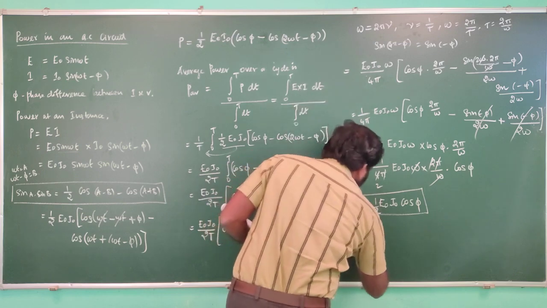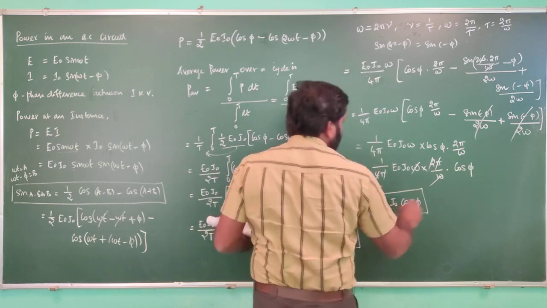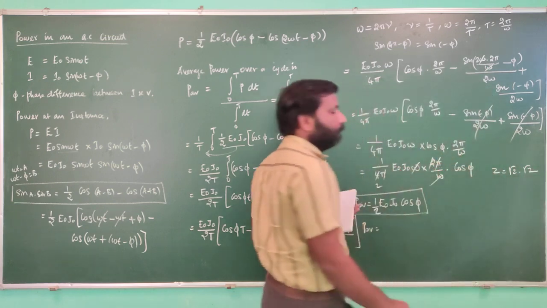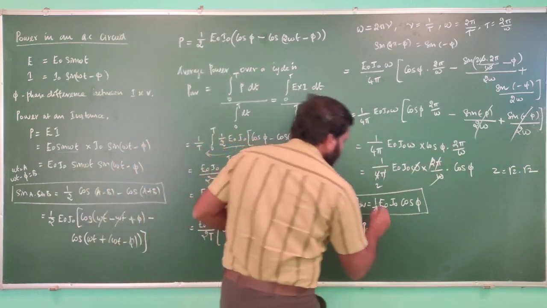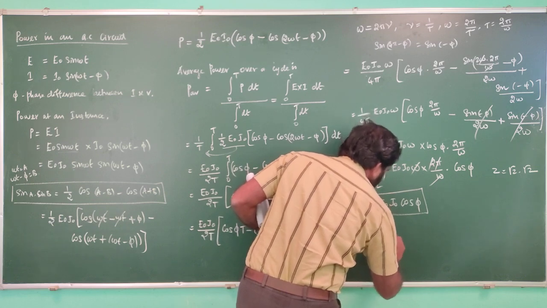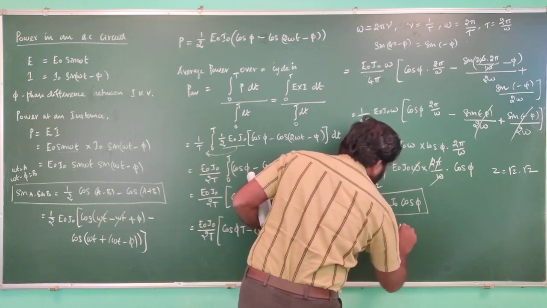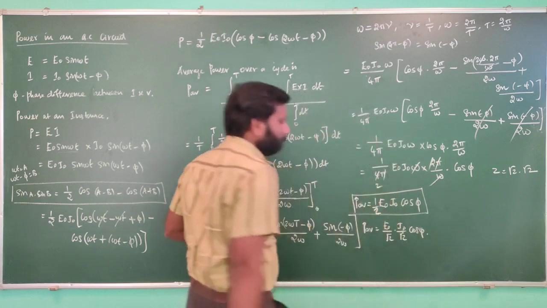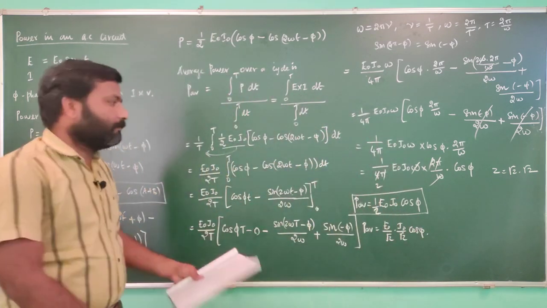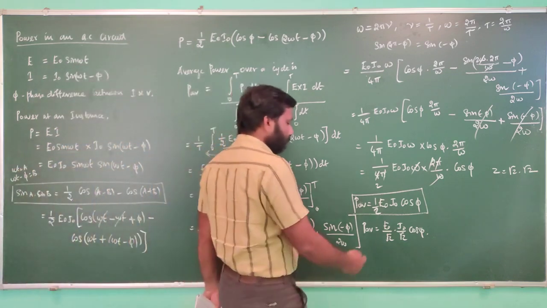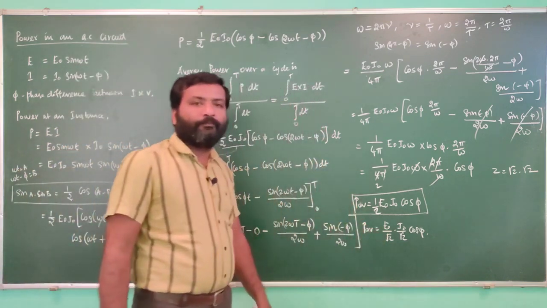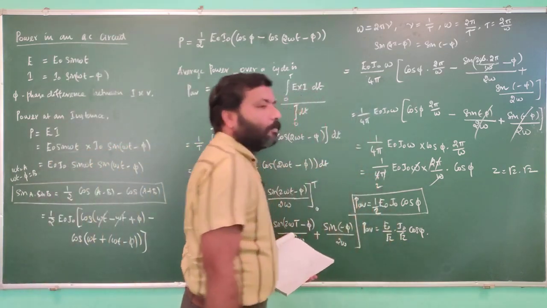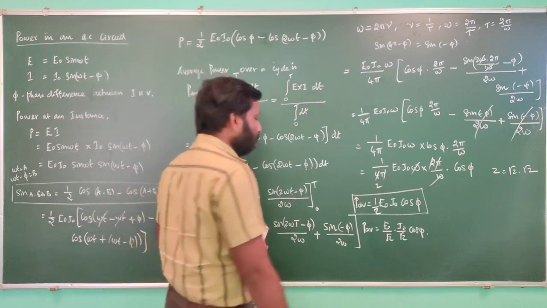This we can rewrite as, you can write 2 as the product of root 2 into root 2, so that here we can write E naught by root 2 multiplied by I naught by root 2 into cos pi. This is another form of writing this equation. And E naught by root 2 is nothing but the root mean square value of the voltage.